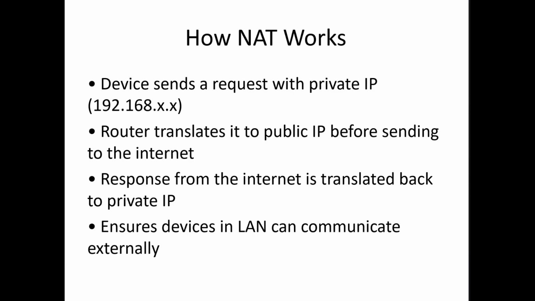So Google is going to reply to that public IP address. It's not going to reply to the private IP, because the router has already replaced the private IP with the public IP.